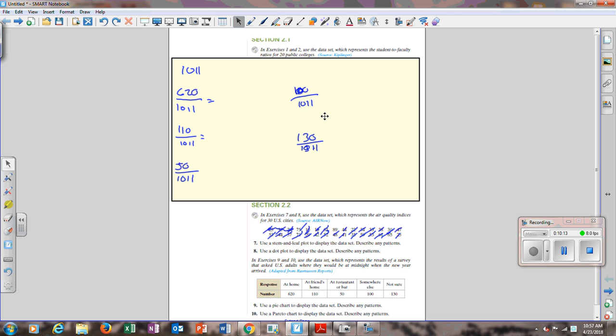This first one is about 0.61. This one is about 0.11.